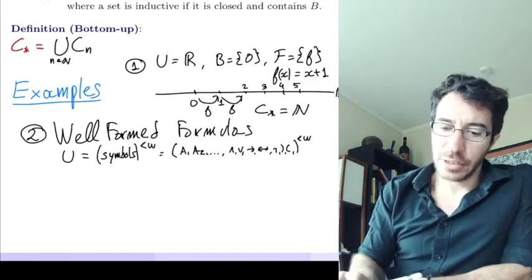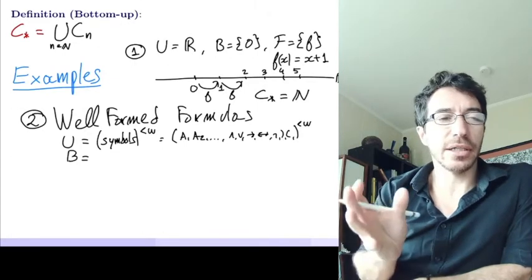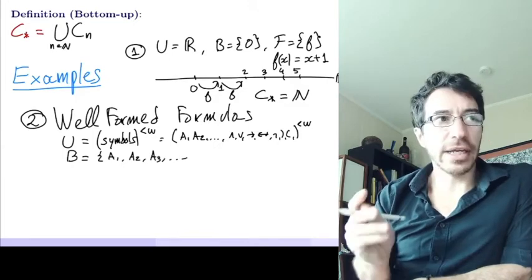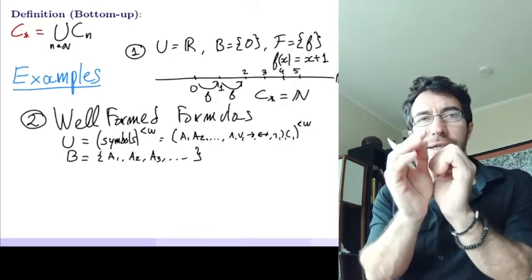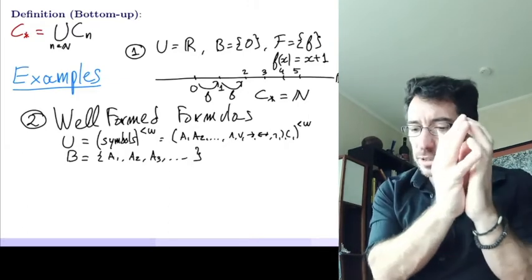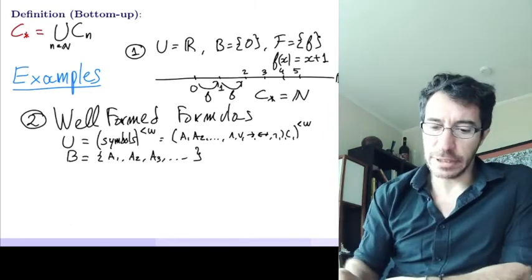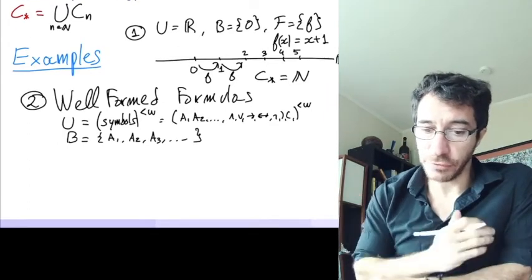Okay, so what are our starting well-formed formulas? The variables. The variable symbols by themselves were well-formed formulas. You just put them by themselves. It's a string with one character, just the variable symbol. And those are our starting formulas.